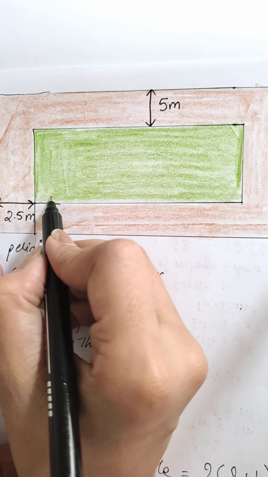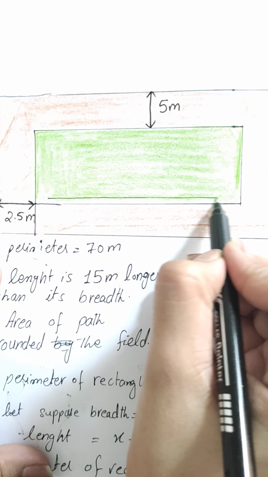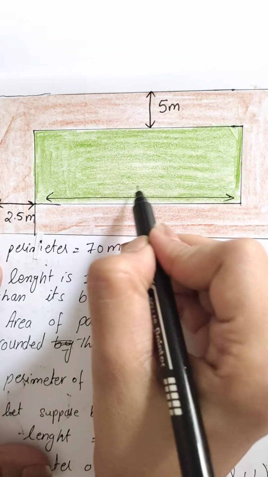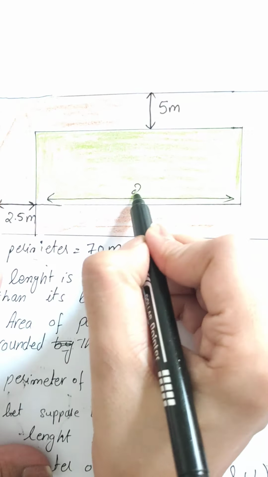Now I will mention the values. The length is 25 meters and the breadth is 10 meters.